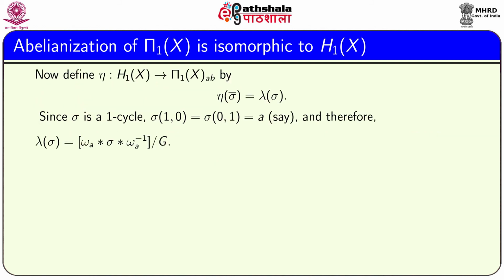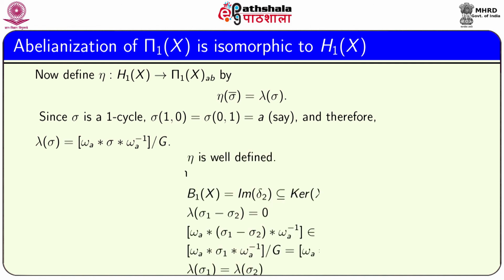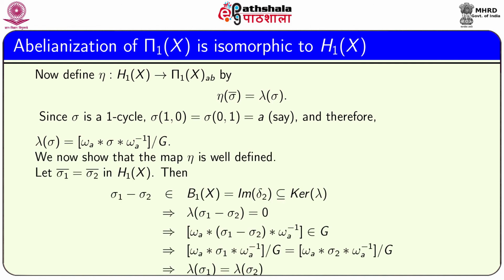Now, we define η from H1(X) to π1(X)ab by η of σ̄ equal to λ(σ). Since σ is a one cycle, we have σ(1,0) and σ(0,1) as the same point A, and therefore λ(σ) will be the class of WA * σ * WA inverse by G. We now show that the map η is well defined.